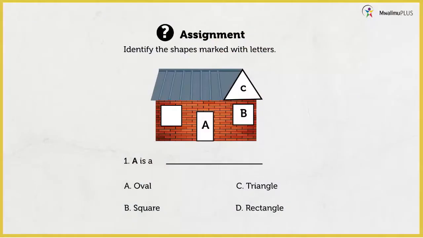So learners, that is it for today. Before I leave you, I want to leave you with a little assignment to keep you a bit busy. Remember, we're talking about shapes. We have so many shapes. We have talked about the shape of a ball, which is circular, or a circle.